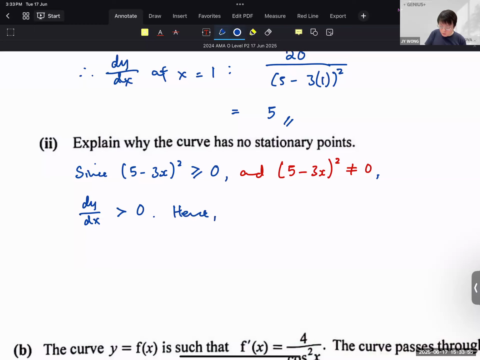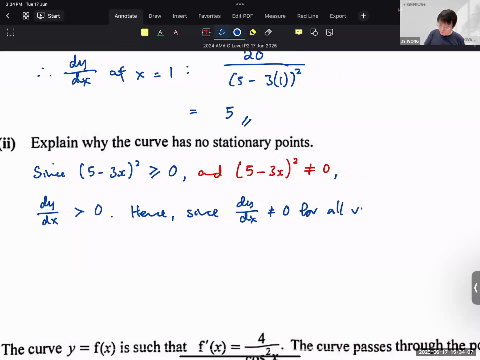Hence, since dy/dx not equal to 0 for all values of x, the curve has no stationary point.